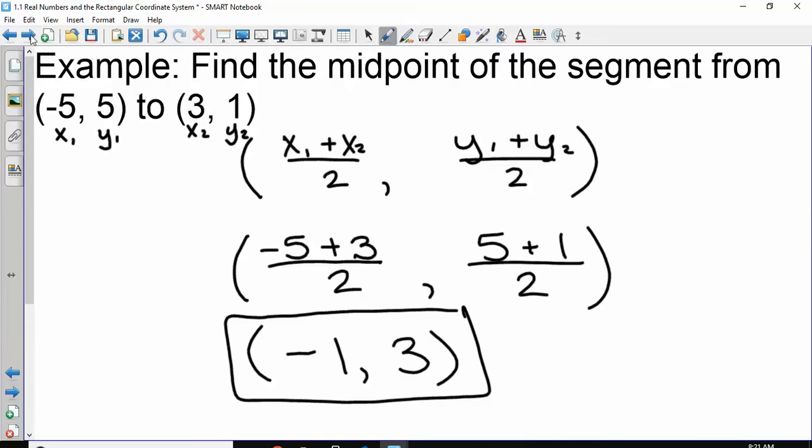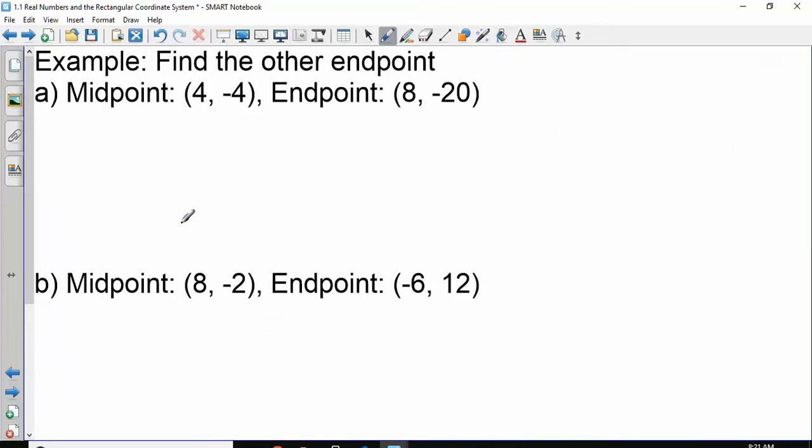I'm going to ask something else about midpoint, but I'm changing the question a little bit. I want to find the other endpoint. So instead of giving you 2 endpoints and asking you to find the middle, I gave you the middle and one of the endpoints. And we're finding the other one.